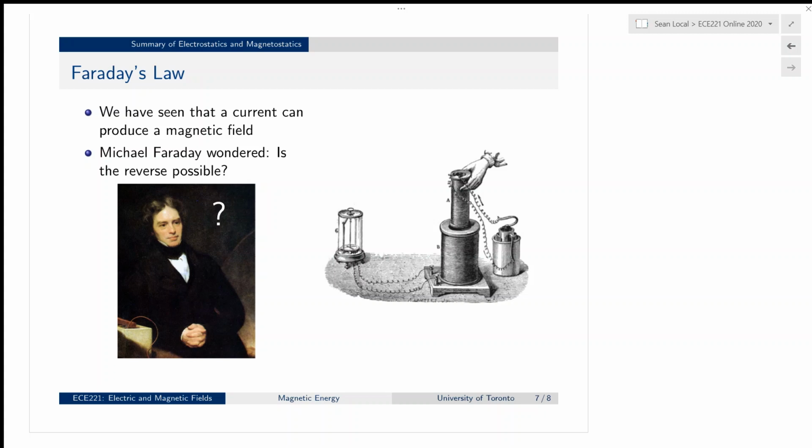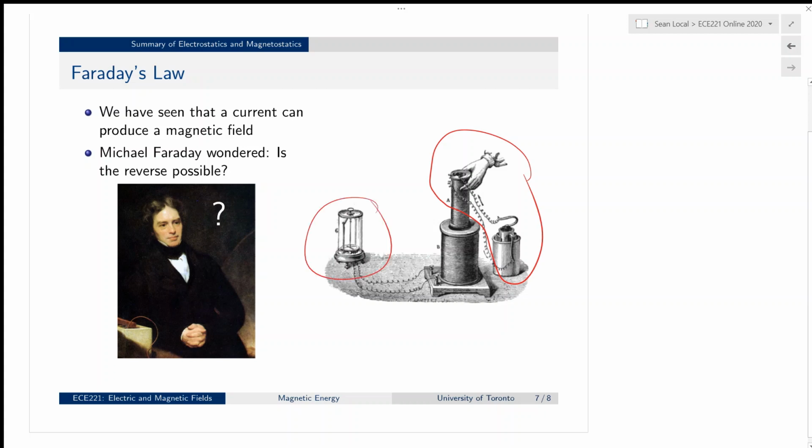And you can see a setup on the right-hand panel here of Faraday's famous induction experiment from 1831, where he was able to create a magnetic field using an electromagnet, which is this battery connected to a coil, and then drop it into another coil, which is connected to a galvanometer here.